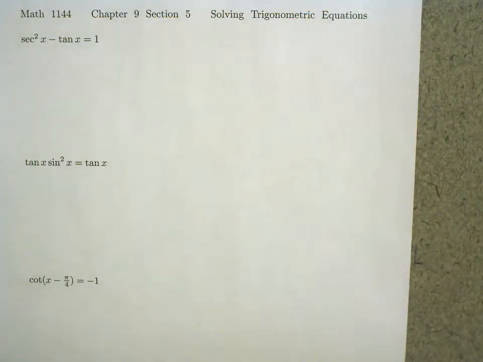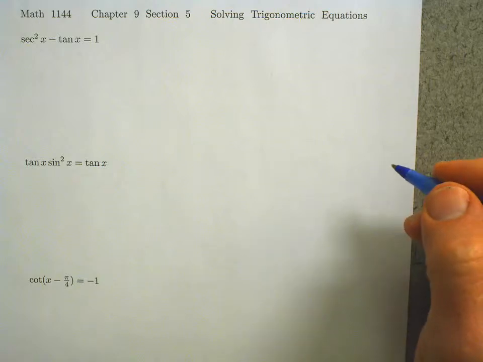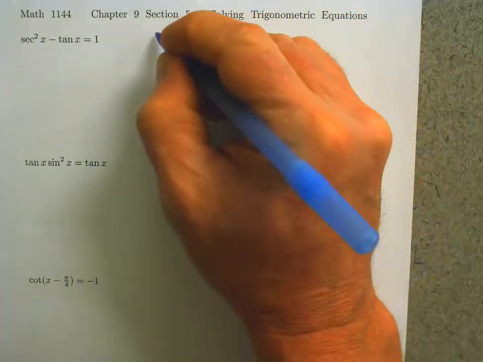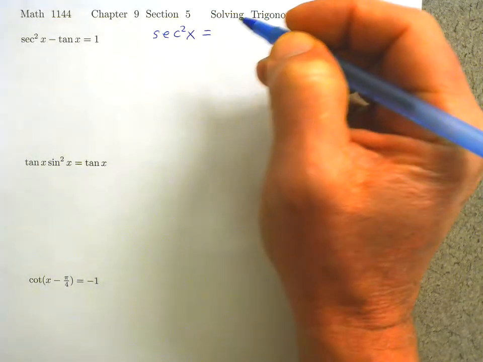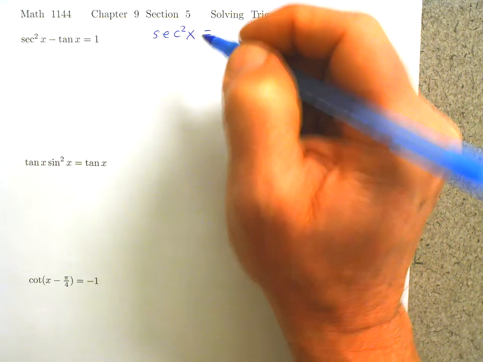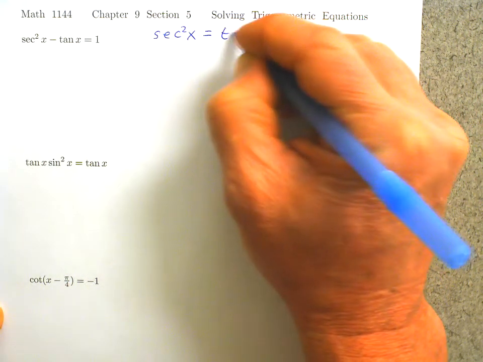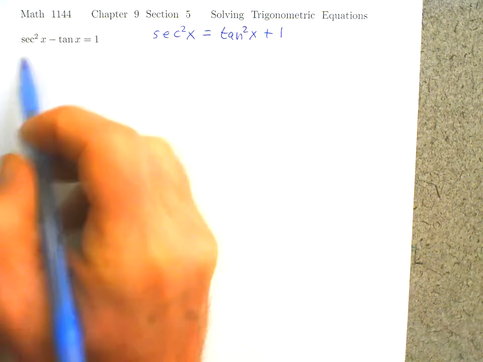Okay, the next one: secant of x squared minus tangent of x equals 1. Well, a couple of minutes ago, we used the fact that secant of x squared equals tangent of x squared plus 1. So let's use that here.